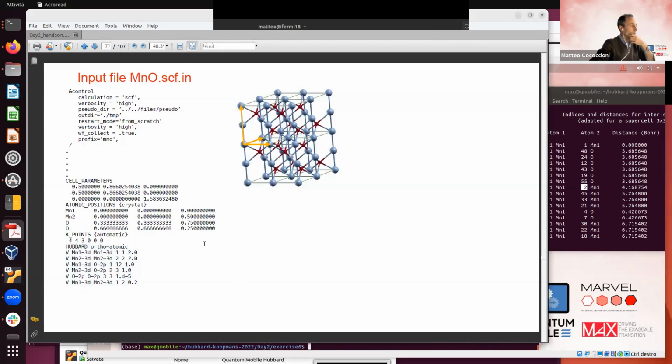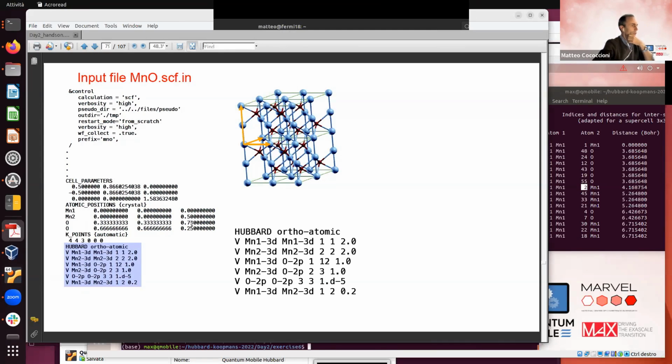So if we do this calculation, I was using these other values. Here the syntax of what we just looked at: these are the values for the on-site manganese 3d states. This is for the oxygen 2p states, which usually we don't use.